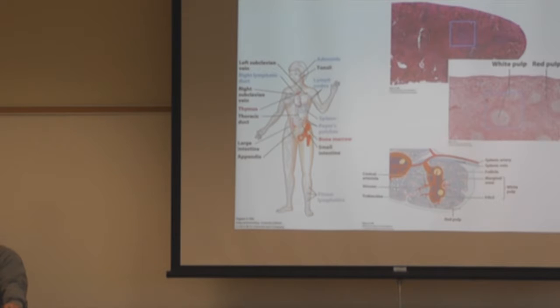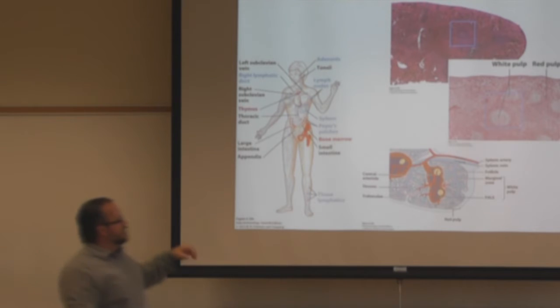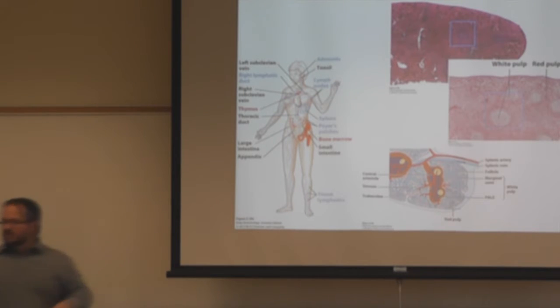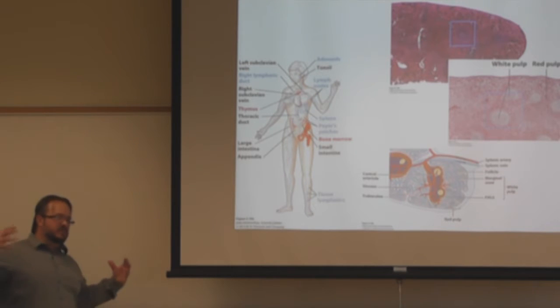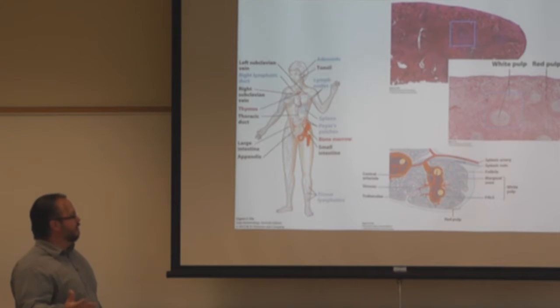The marginal zone is where your B cells are, the outer cortex of this is going to be filled with your B cells, dendritic cells, macrophages, and then your PALS, which is the periarterial lymphoid sheath, is basically going to be filled with your T cells. B cells that become activated are going to move into that T cell rich zone. And you also have follicles that form, and those follicles will have B cells that will migrate to the follicles if they become activated.